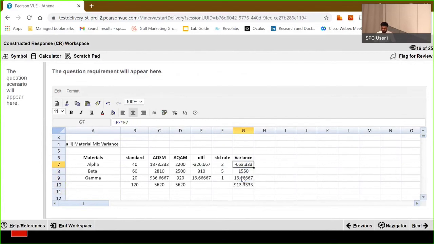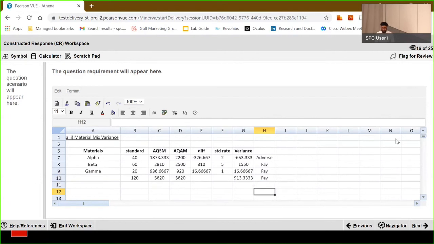Now, as per this formula, any variance that comes in negative is adverse. So this is adverse variance, this is favorable variance, this is also favorable variance, and the total is also favorable. So a very easy way to calculate material mix variance. Whenever in exam you get a question on material mix variance, follow these steps and you'll always get the right answer.